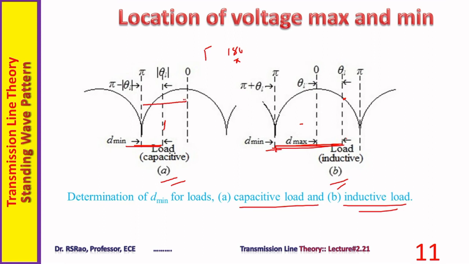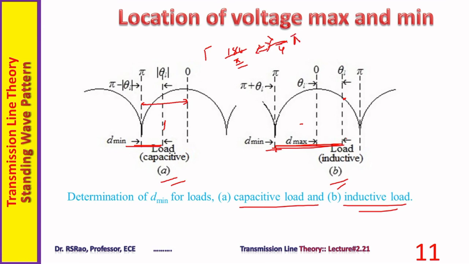So the variation in between these two is 180 degrees or pi. But the distance between voltage minimum and voltage maximum is lambda by 4. Therefore, lambda by 4 corresponds to pi.